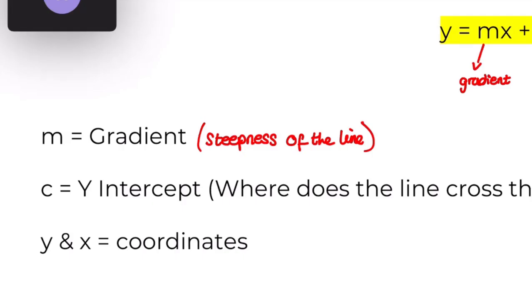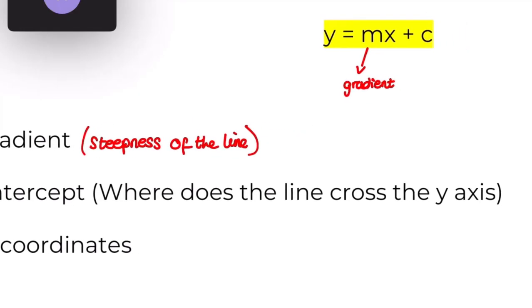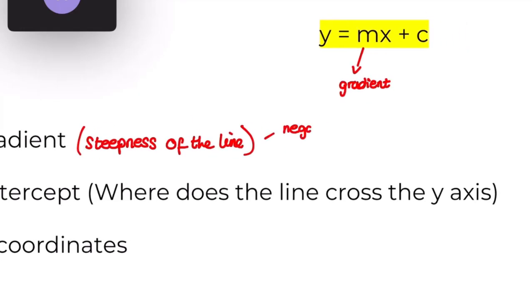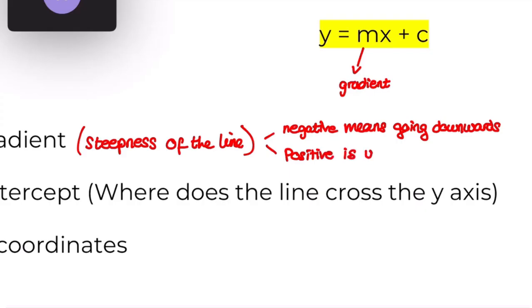If you have a positive gradient, that means the line is going upwards.